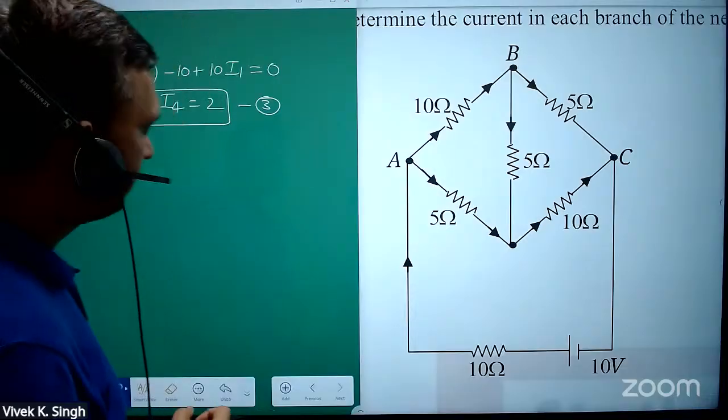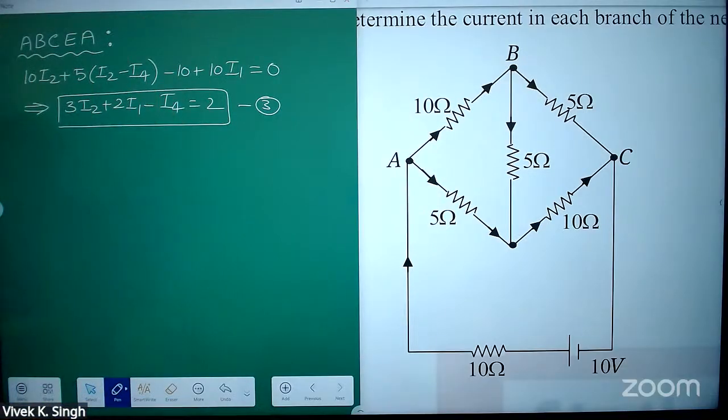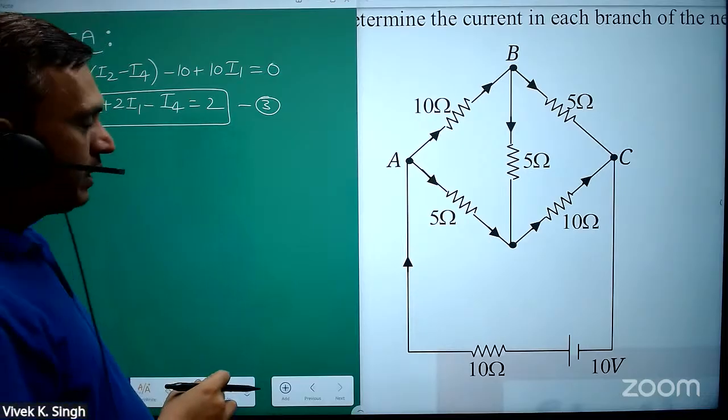Take 2 minutes and try to solve it. So let us first solve equation 1 and 2.